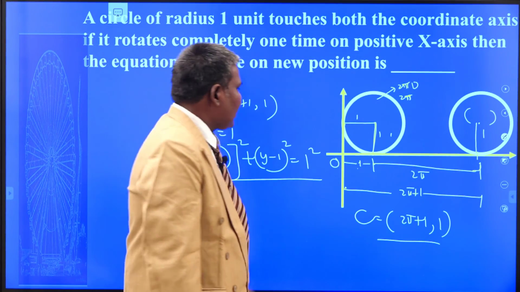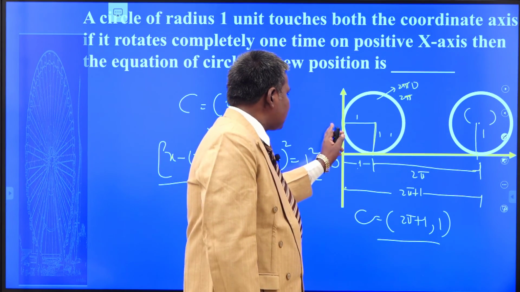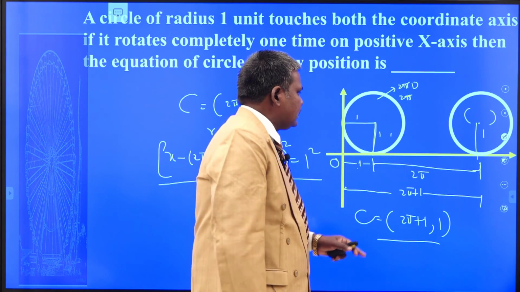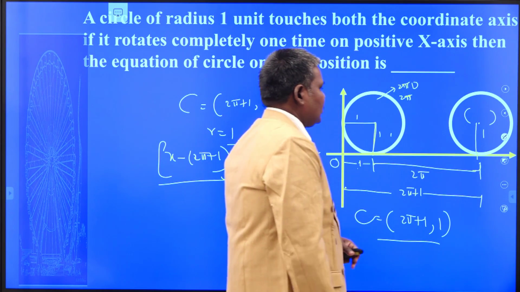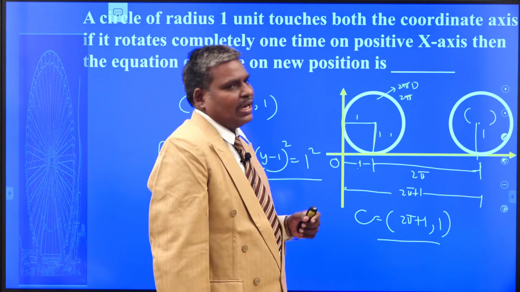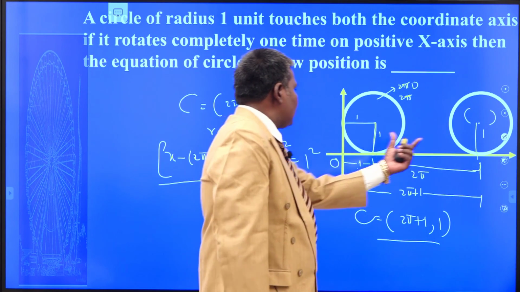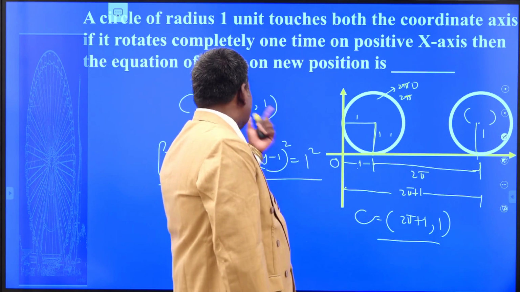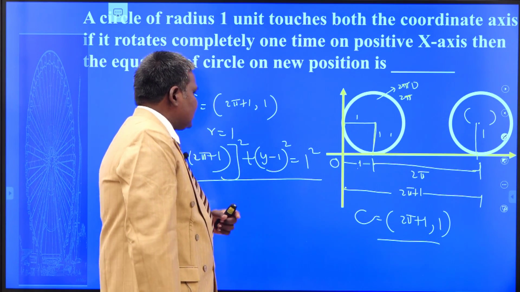It touches the x-axis and rotates one complete rotation, and you have to find the final position of the circle. We have to find the equation of the circle in its final position. After one rotation, the center is 2 pi plus 1 comma 1 and the radius is 1 unit.